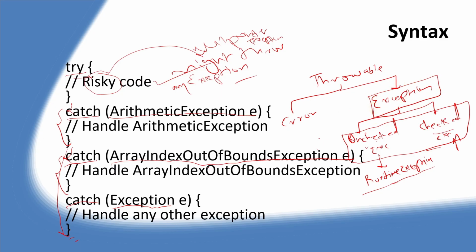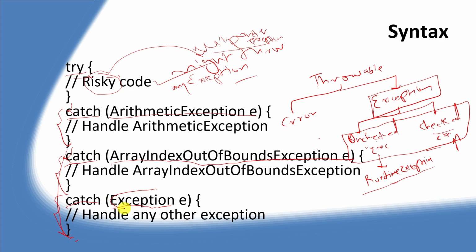So in a catch block, if I write Exception instead of a specific exception, that means whenever an exception occurs in the try block, Java will find the matching catch block. But since we have not defined NullPointerException, it will go to this Exception block and execute it. Why?